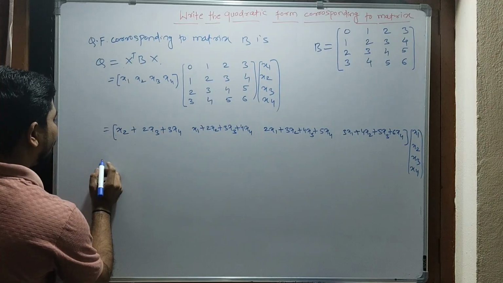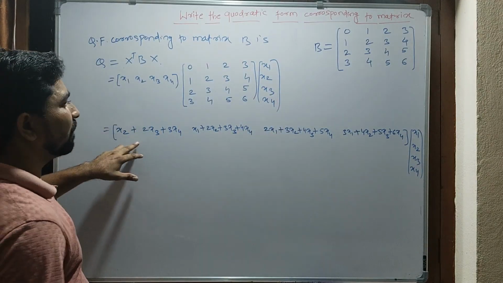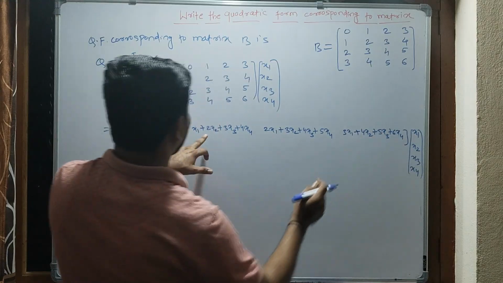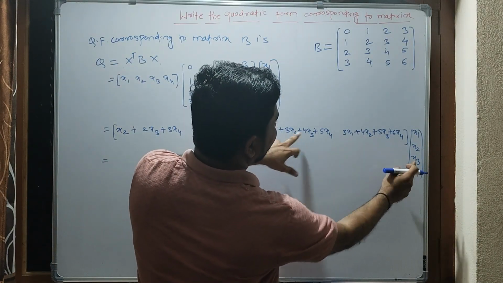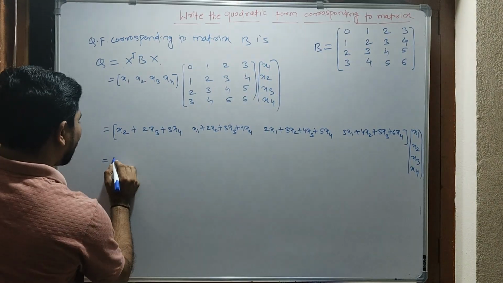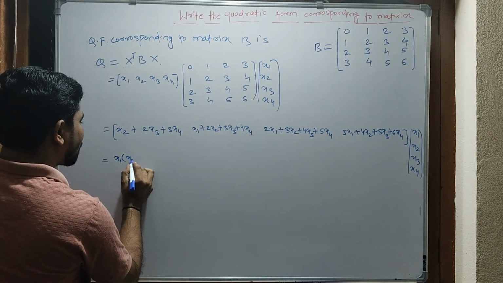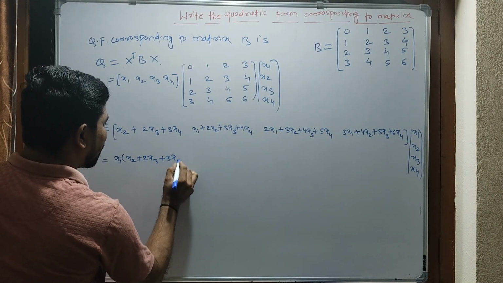Multiply this element with the first element, this element with the second element, this element with the third element, and the fourth element with the fourth element. That is, I am writing x1 into x2 plus 2 times x3 plus 3 times x4.